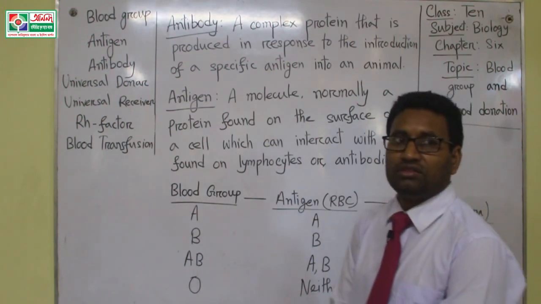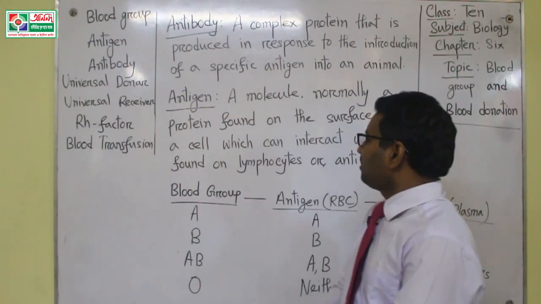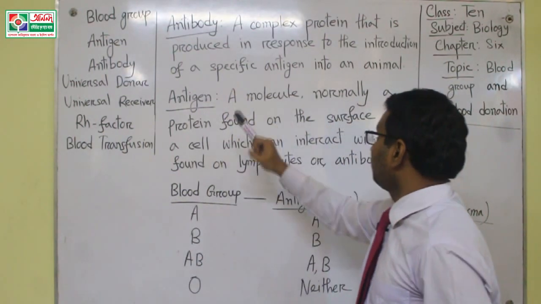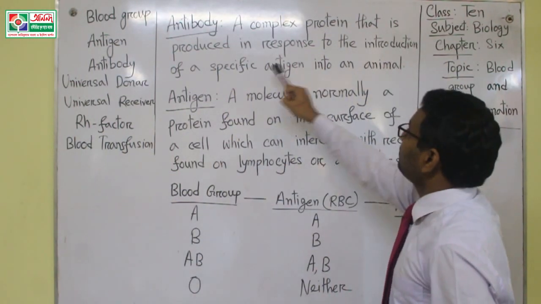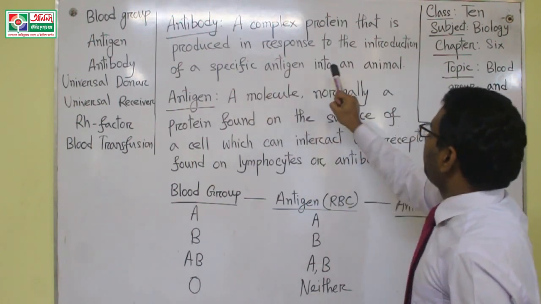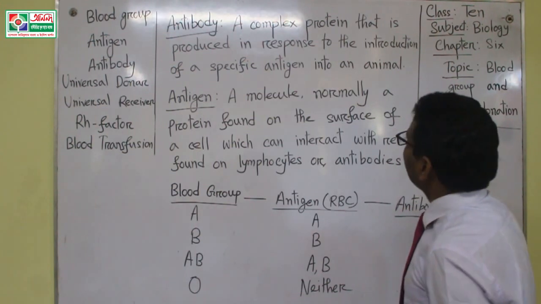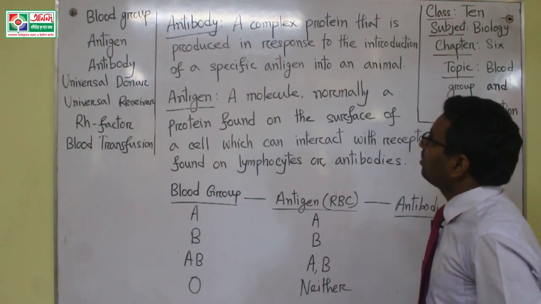And another one, antibody. Antibody is also a very important topic for blood group. Antibody: a complex protein that is produced in response to the introduction of a specific antigen into an animal. This is the definition of antibody.